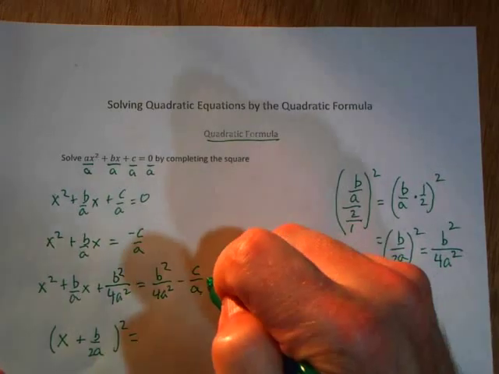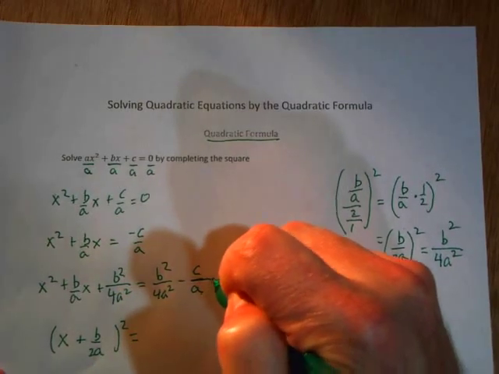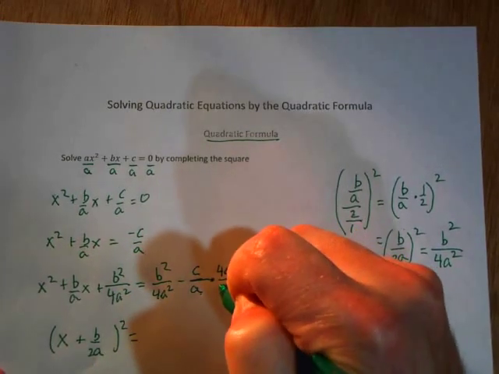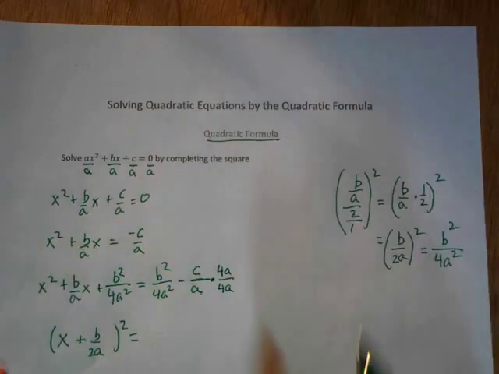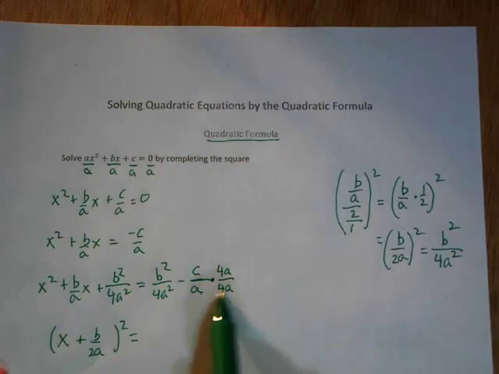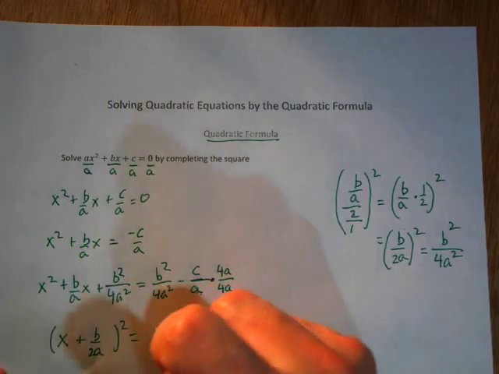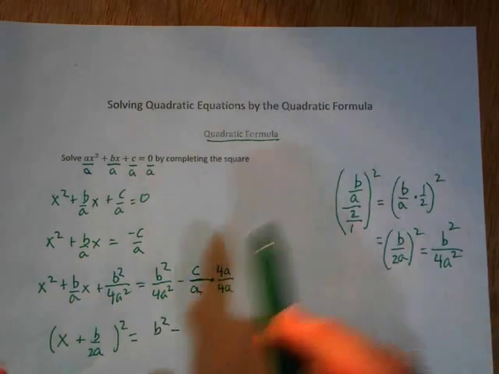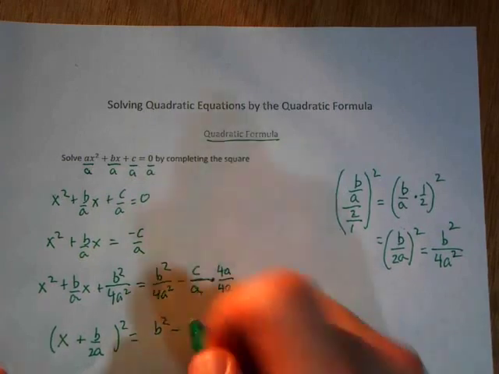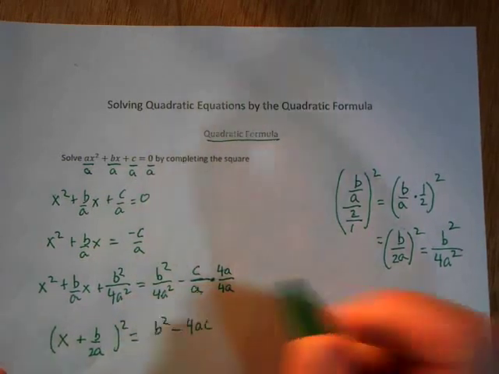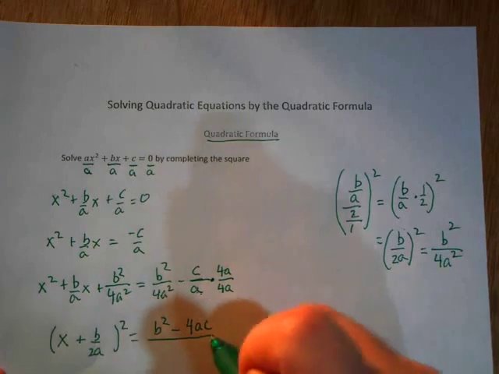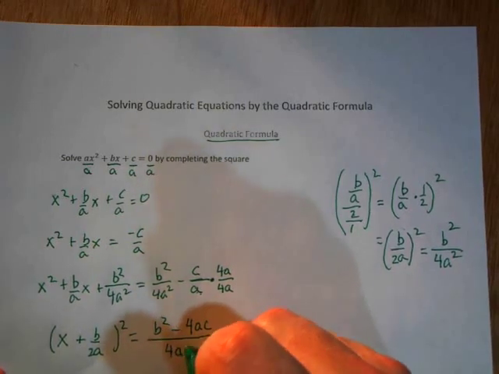I notice if I take the second fraction and multiply top and bottom by 4a, then down on bottom I'm going to have 4a squared, which matches the 4a squared there. So I can write this as b squared minus 4ac, all divided by 4a squared.